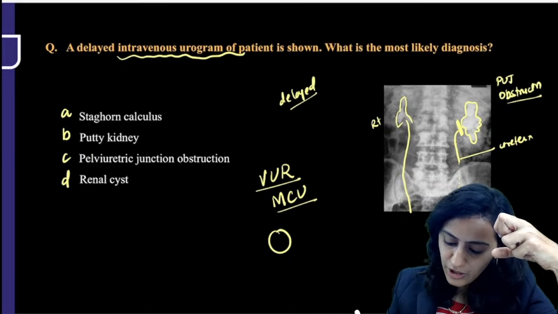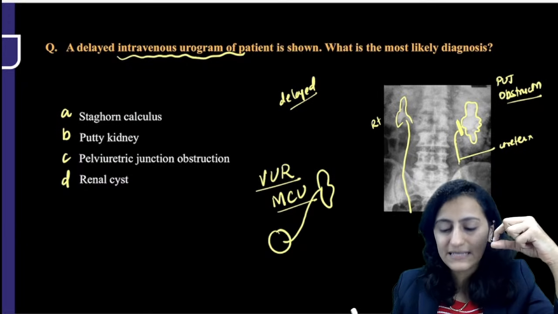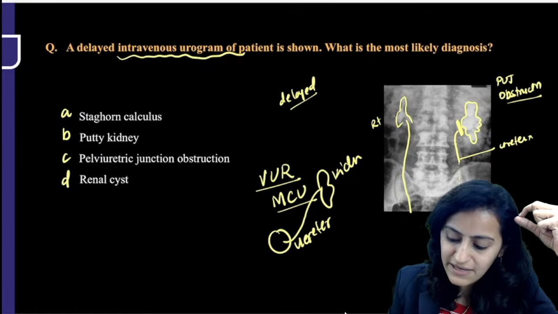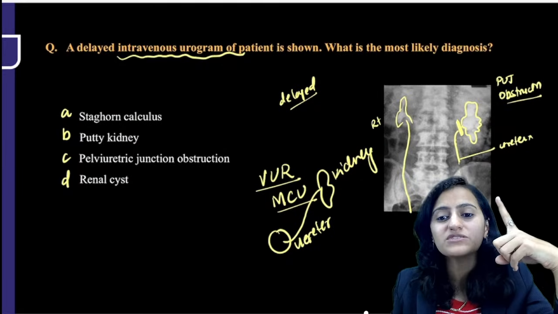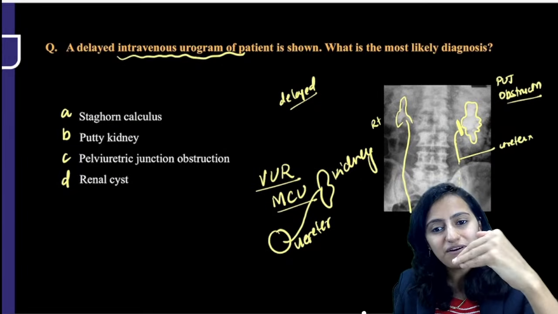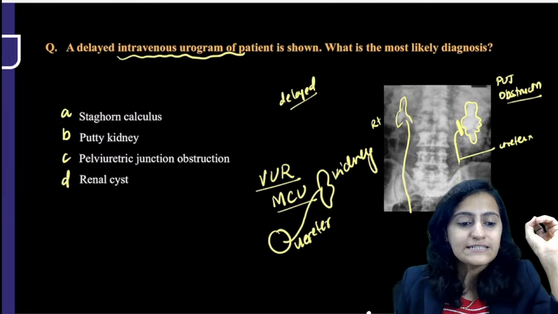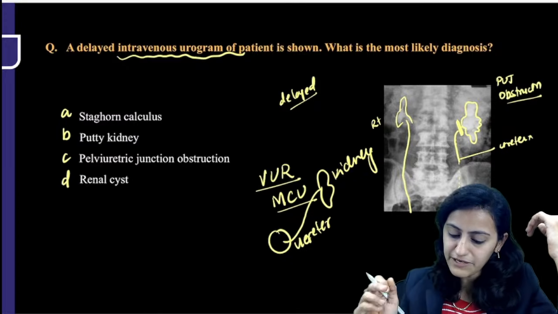When the bladder contracts, then we would see the reflux going into the ureter and the kidney. So first the reflux goes into the ureter and then it goes into the kidney. So first it has to be MCU to demonstrate the reflux. Second, first is the ureter opacification, then comes the kidney opacification. So this one is not the VUR.